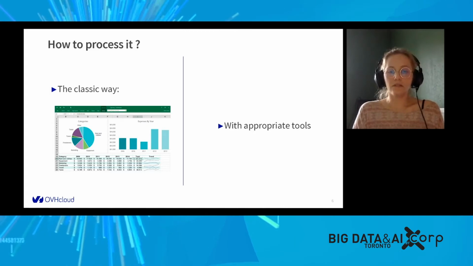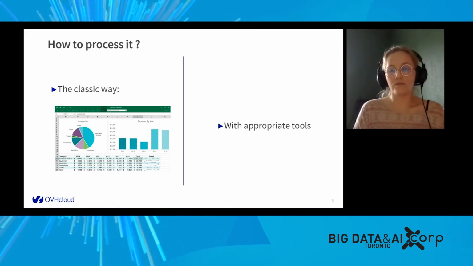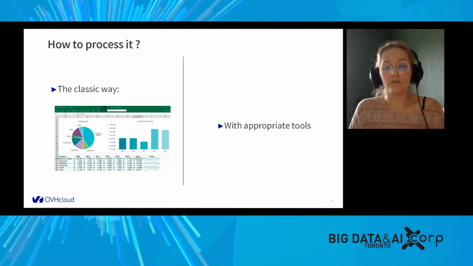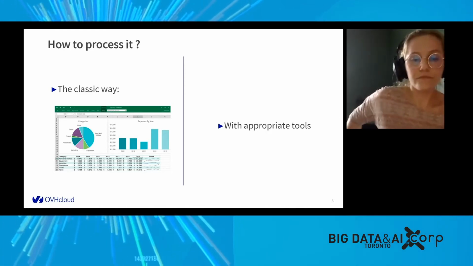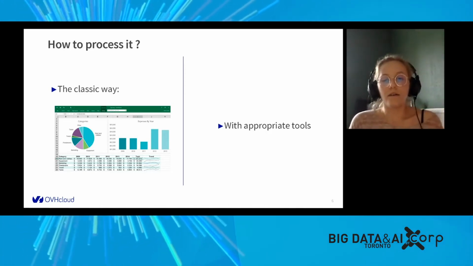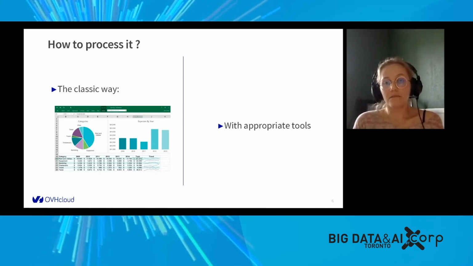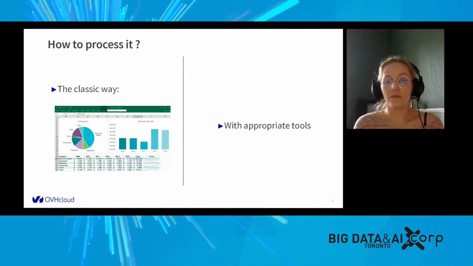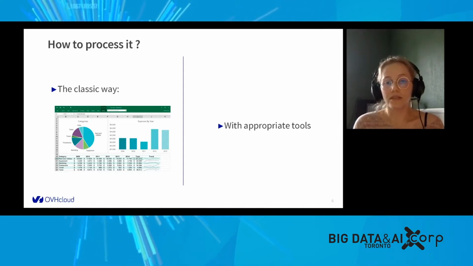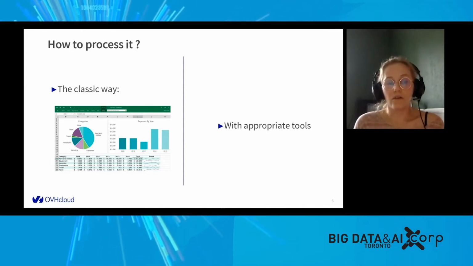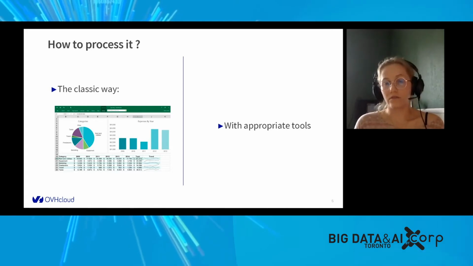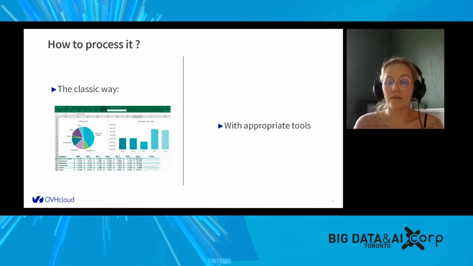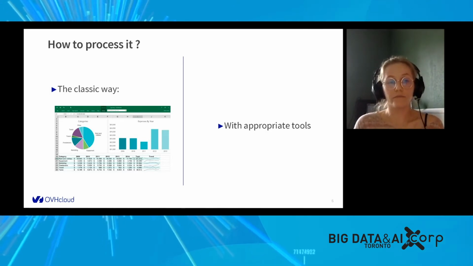That's why we need more appropriate tools. And I mean by that, distributed computing tools. Why distributed? It's because it means that you can run tasks and process data in parallel across several amount of machines, and thus save a large amount of time.